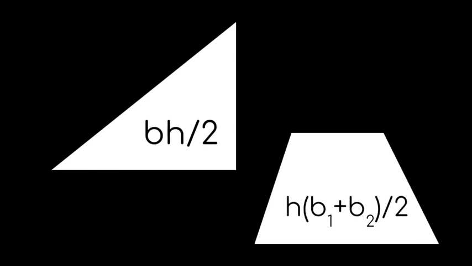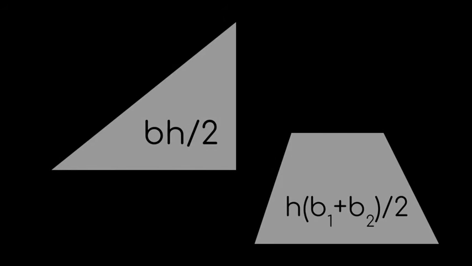So to calculate the formula for the area of any quadrilateral, we will just be using two basic formulas: the area of a right angled triangle and the area of a trapezium. So now let's get started.